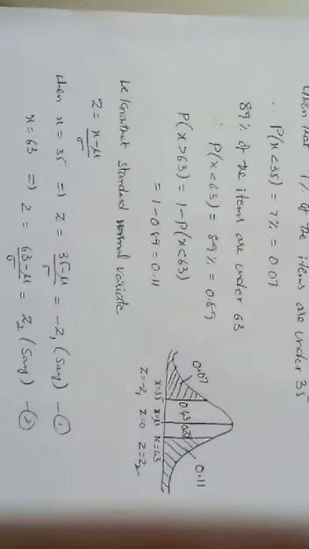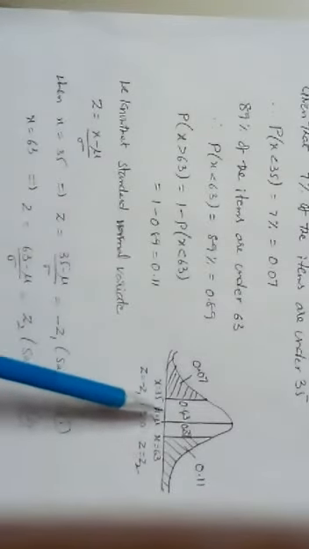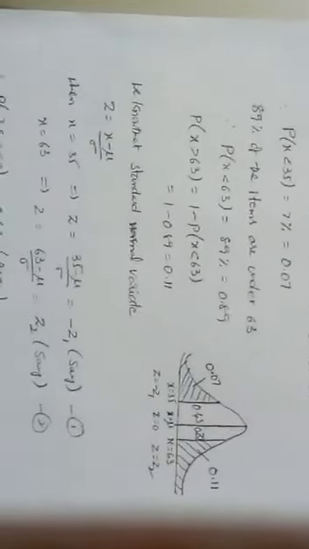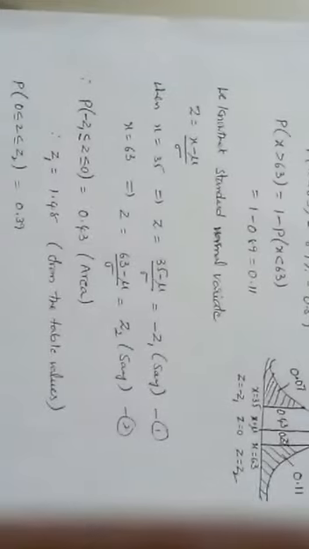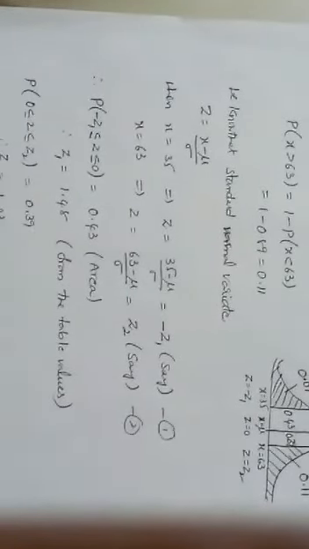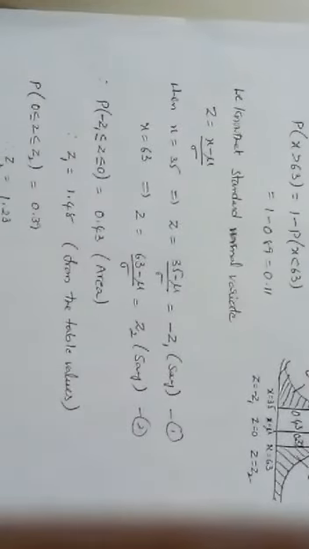Now according to this probabilities of the unshaded areas, we have to find this z1 and z2 values. For that, what the probabilities I have taken: probability of minus z1 less than or equal to z less than or equal to 0.